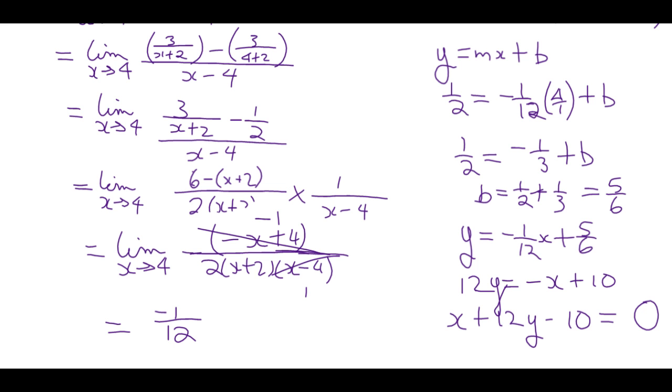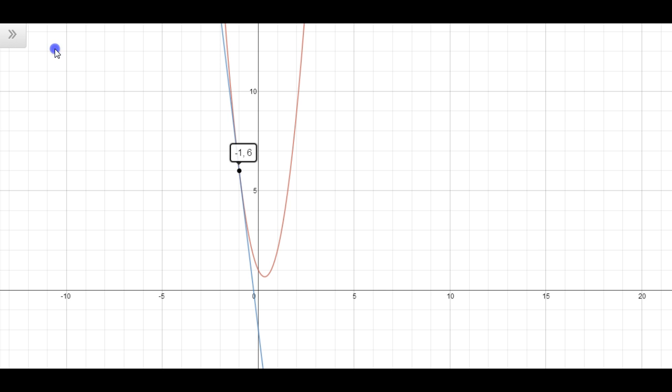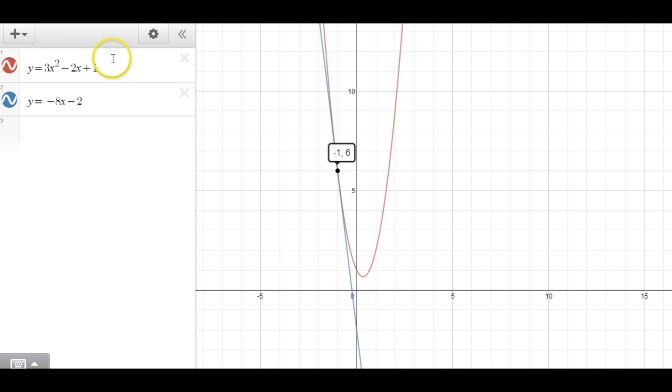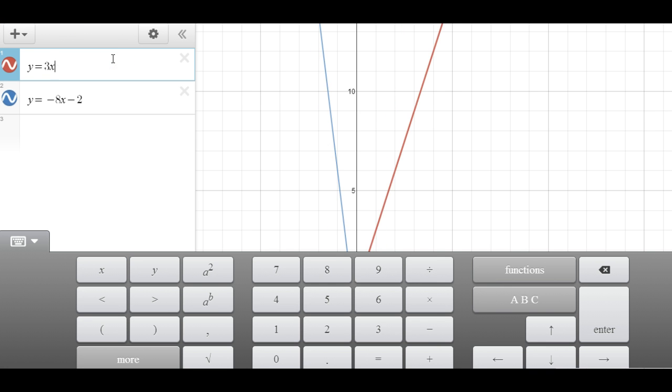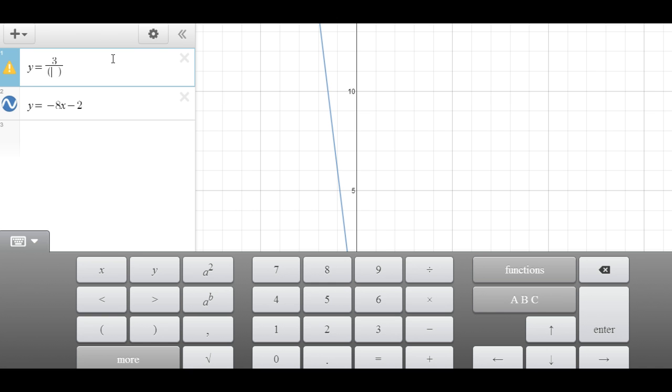So I'm going to need this and then the original. When I switch over to decimals, let's do this here. What was the original? 3 over x plus 2? Yeah. So there's 3 over x plus 2. Is that a plus? Does that look like a plus?